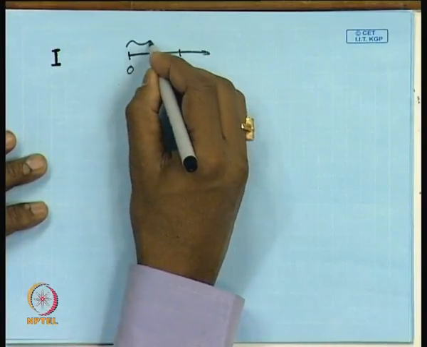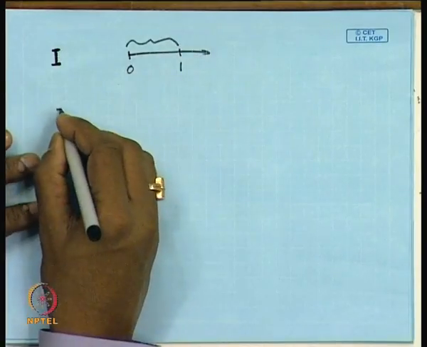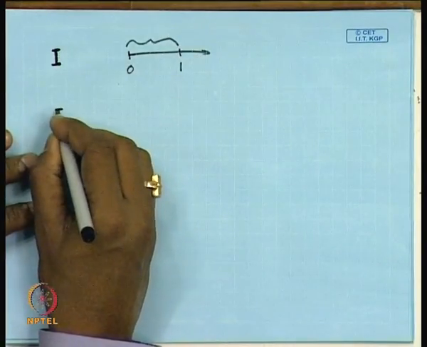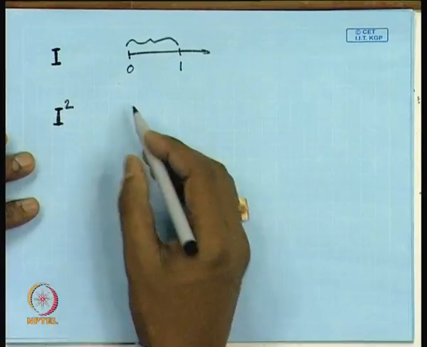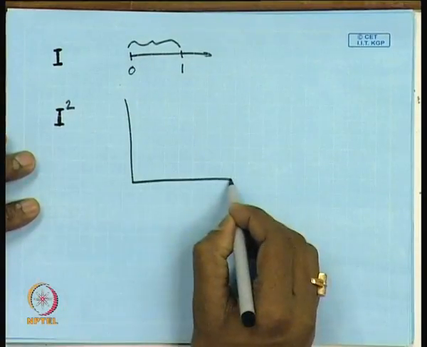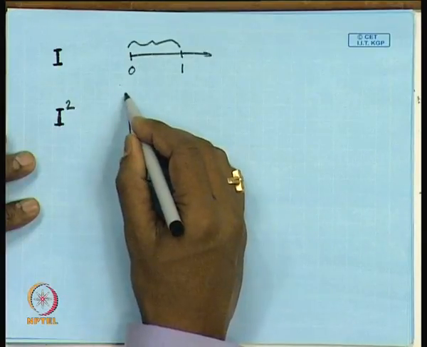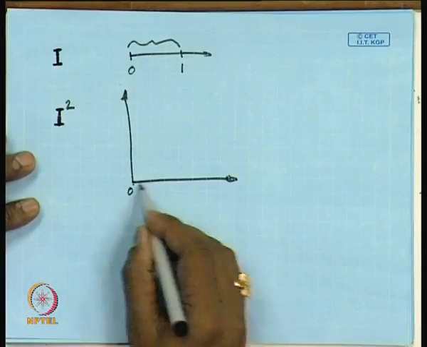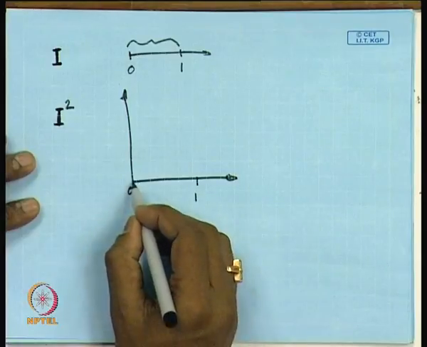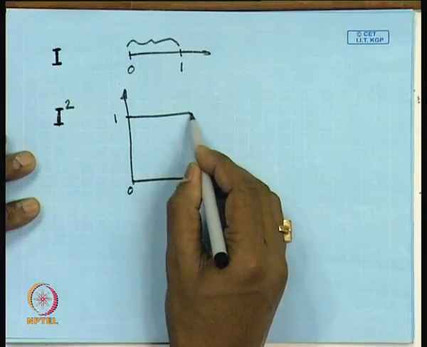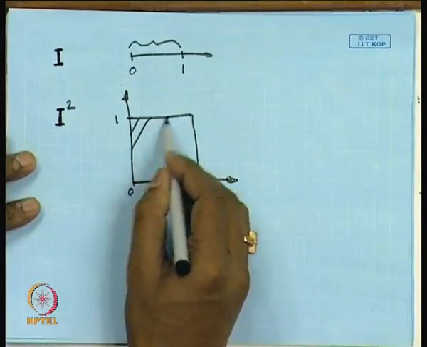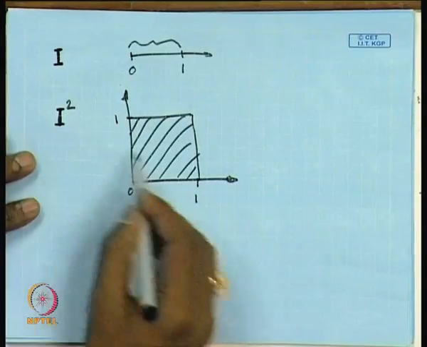This is the range we are referring to. Now if we put a square on that boldface I, that is the 2 dimensional case, and we are referring to a 2 dimensional space from 0 to 1 in one direction and again 0 to 1 in the other direction. So we are referring to a square area.